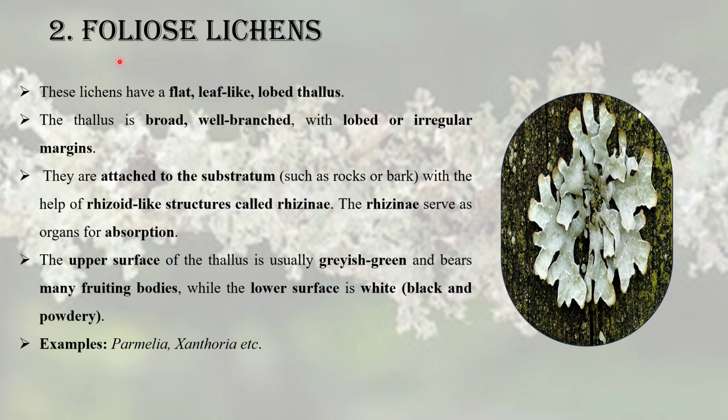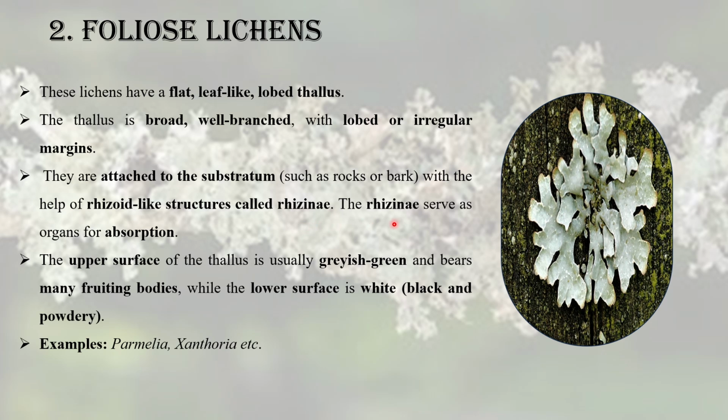The second one, foliose lichens. Foliose lichens appear as a flat, leaf-like structure. They have a lobed thallus. The thallus is broad, well-branched, with irregular margins. It is attached to the substratum, such as rocks and bark, with the help of rhizoid-like structures called rhizinae.